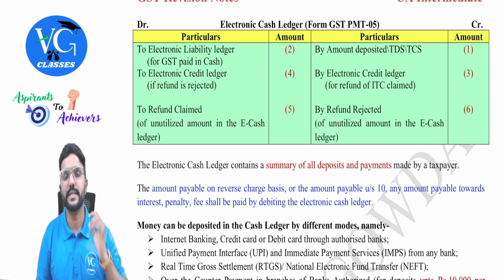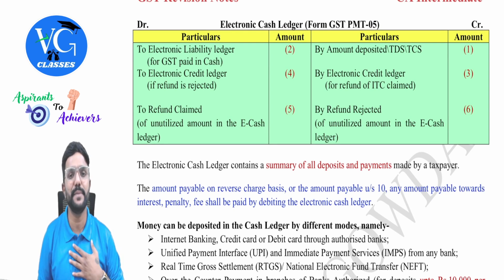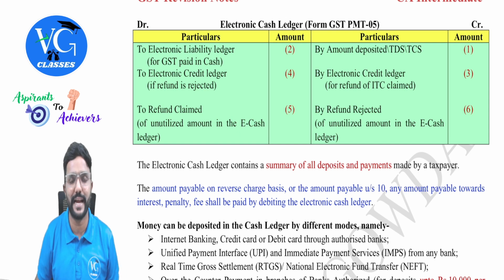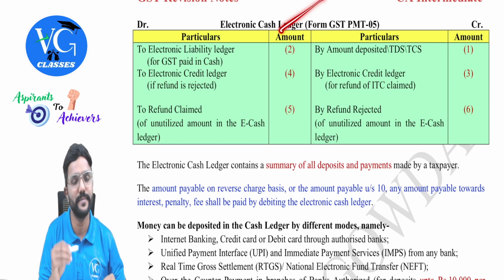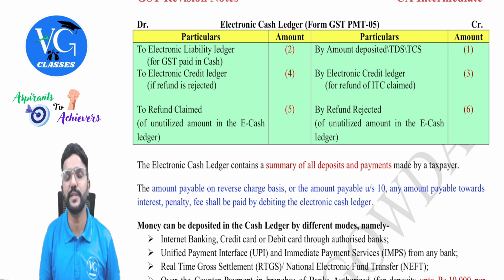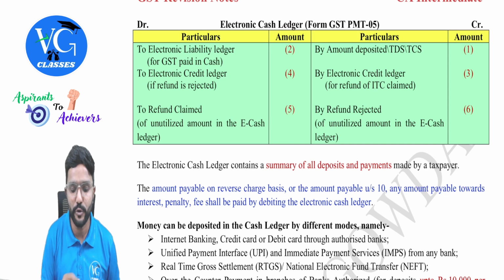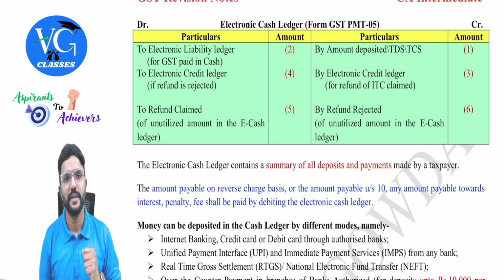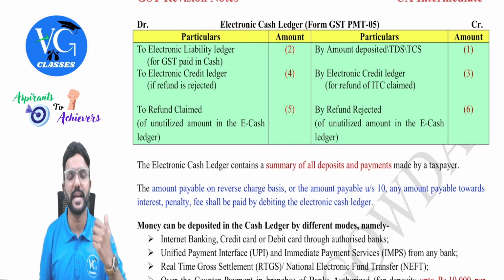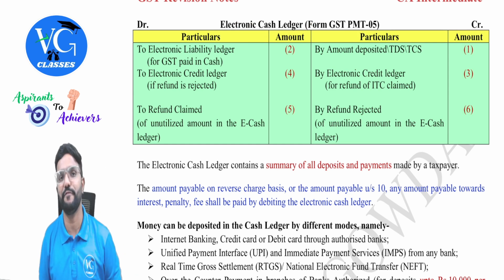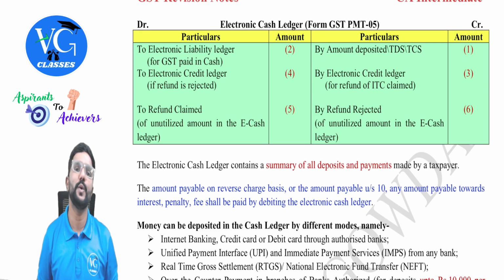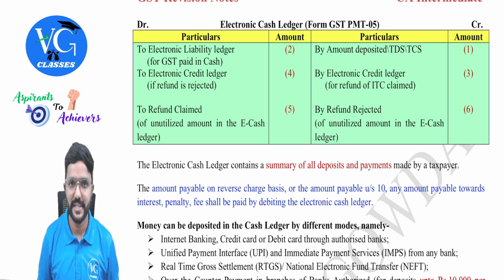If on my inward supply, RCM is applicable, as the recipient, I am paying tax. That is called input tax. I have to pay through cash ledger. Then if I am a composition supplier, whatever is my output tax at composition rate, I have to pay through cash ledger. Then if I am liable to pay any interest, penalty, or late fee, then we have to pay it through cash ledger, guys. Is that clear?